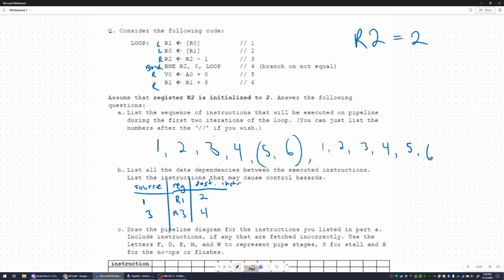I feel like there's definitely another one when I did this problem set, but I'm not remembering. Was there one? Does this matter, 6 on 1, even though it happens way later? No, it doesn't, right? The destination is the source for this.